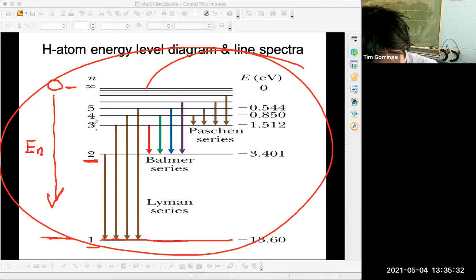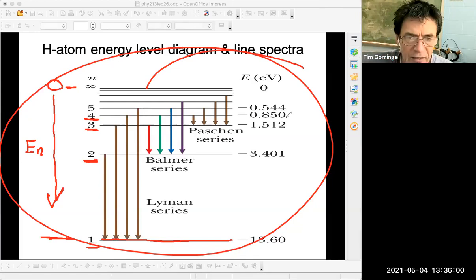Here's the second excited state, n equals 3, and its binding energy is 13.6 divided by 3 squared, divided by 9, that's 1.5 electron volts. Then so on for the third excited state, its binding energy is 0.85 electron volts, and so on and so forth. So this is an energy level diagram.